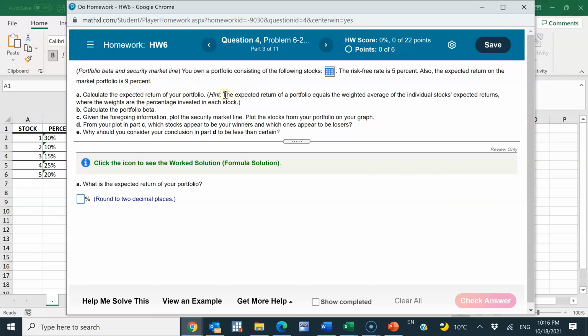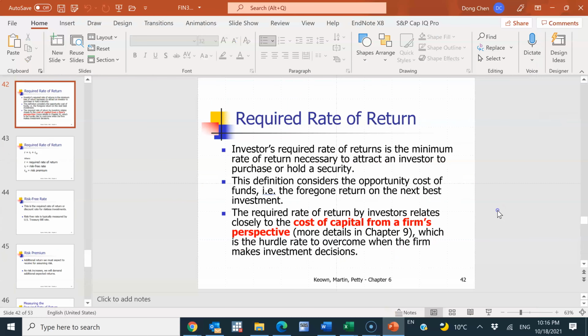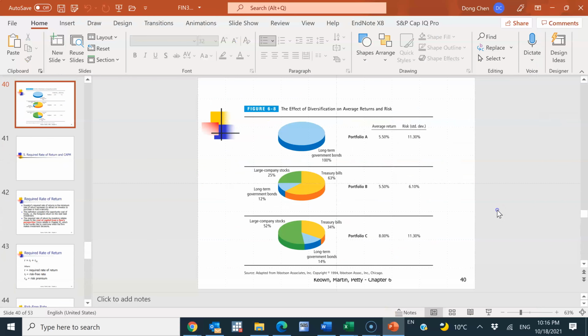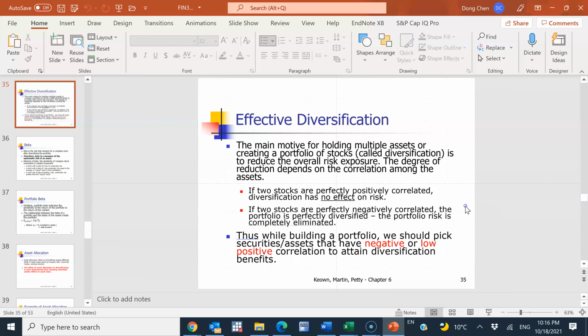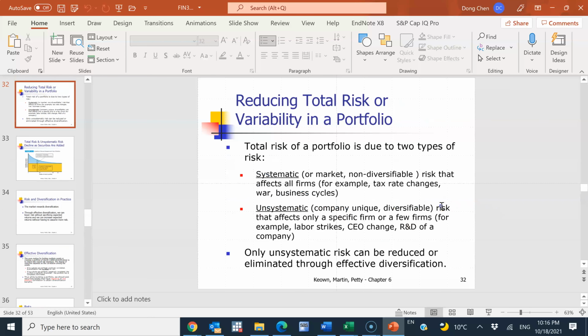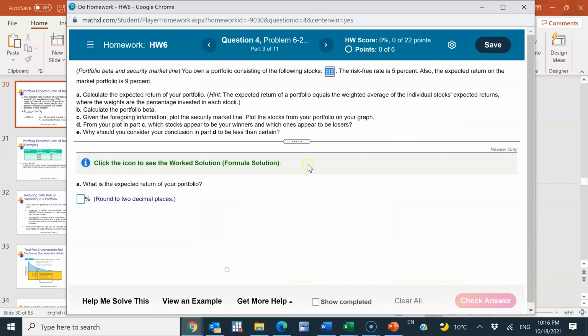So if you look at the hint, actually my lecture slides also has the information about how to calculate the expected return for a portfolio, which is the same as portfolio expected rate of return on this page. So basically, that's the weighted average of each of individual stocks' expected returns, while the weights are the percentage invested in each stock.